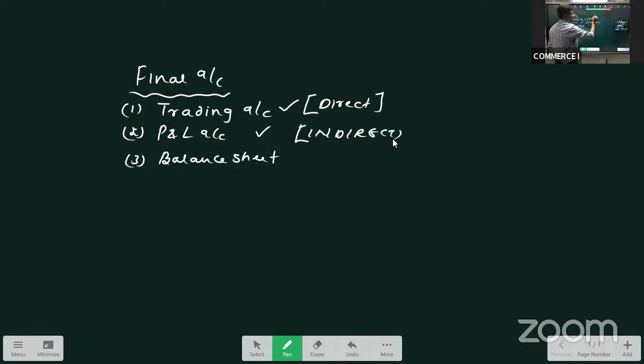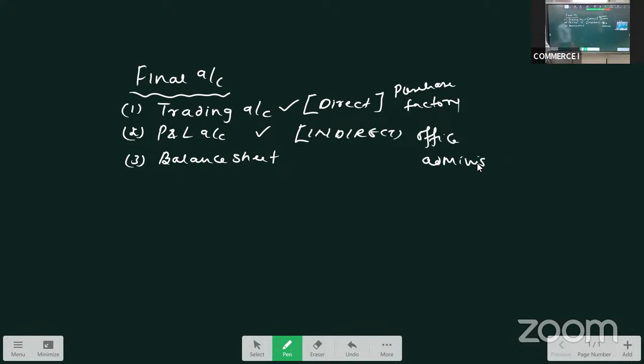Otherwise, all expenses related to purchases or the factory we take in trading account. Similarly, all expenses of office or administrative purpose, selling and distribution purpose, or financial expenses, we take in P&L account.